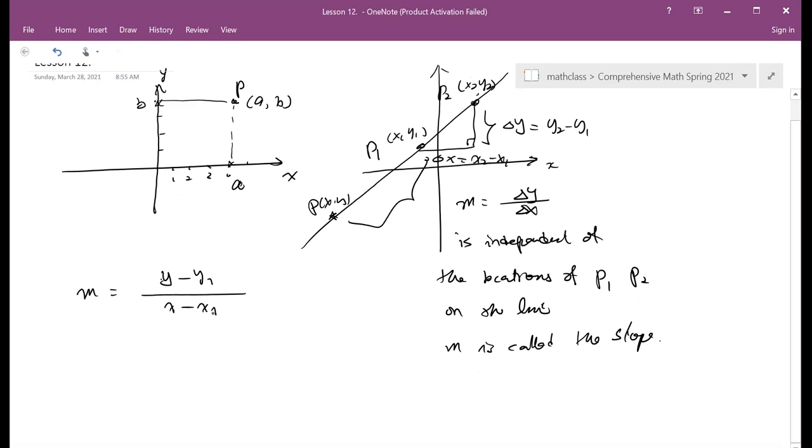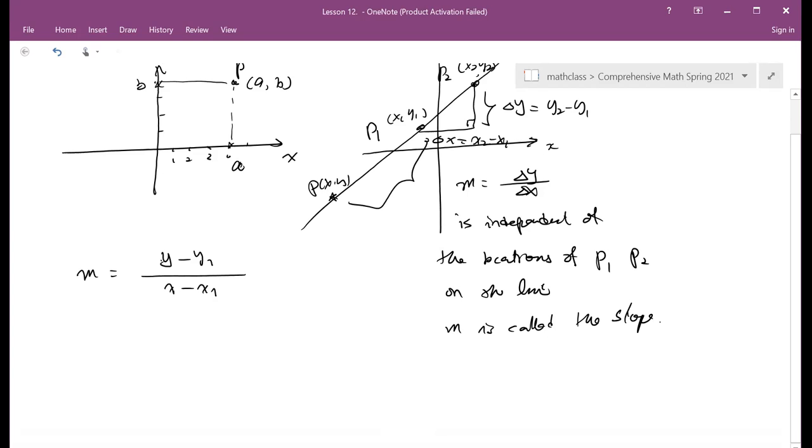So this should be the same number. Therefore you find the relationship between the two coordinates of the point on the line. And that relationship is a linear equation, right? Linear means no x squared or y squared there. So this is called an equation for the line.